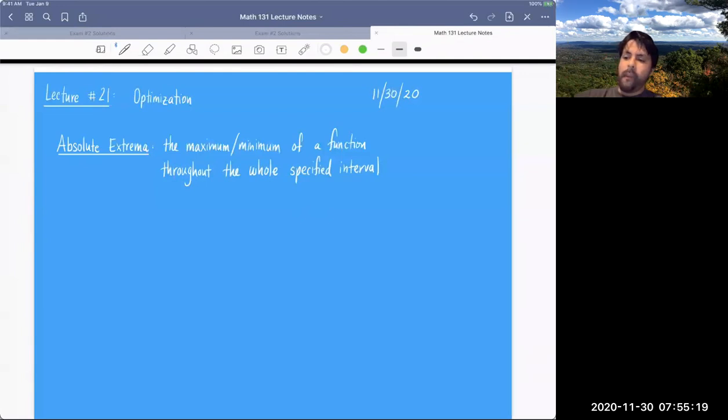Okay. So let's look at an example. What if I have this function here? No, pardon me.